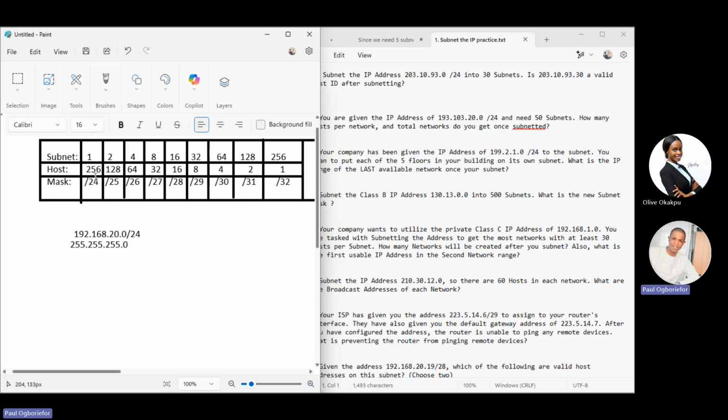They may now want to ask you for the range of addresses that will be contained in each of those networks.